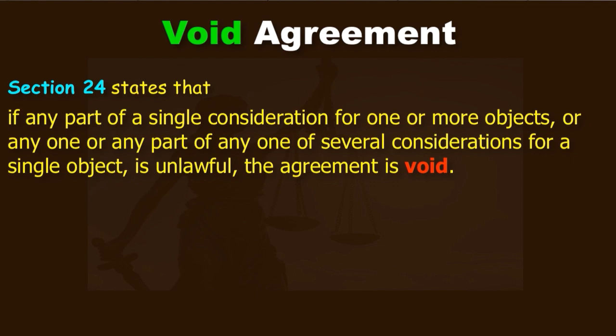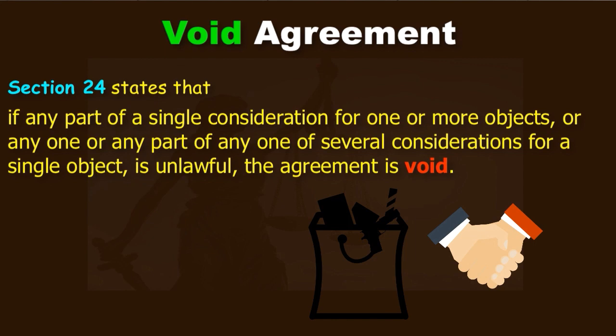Rather, understand it this way: suppose you are making an agreement for certain items, and the items are different, so there are different considerations. Say out of 5 items, one is illegal, unlawful.